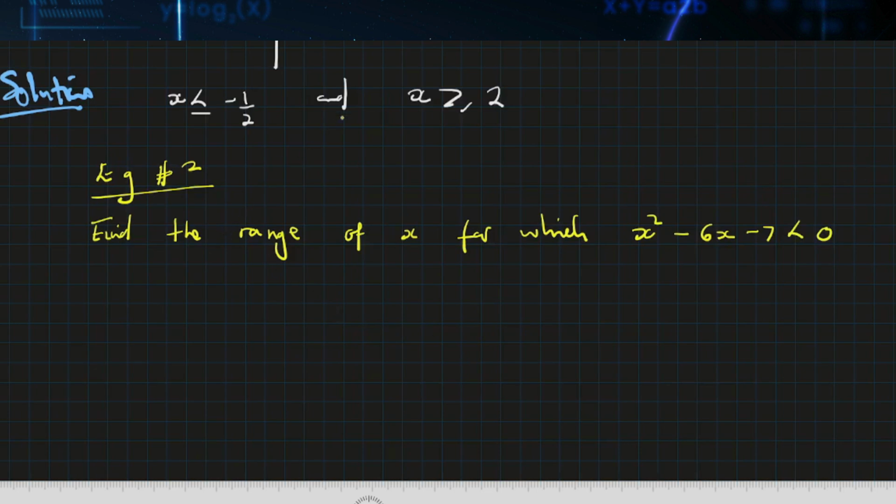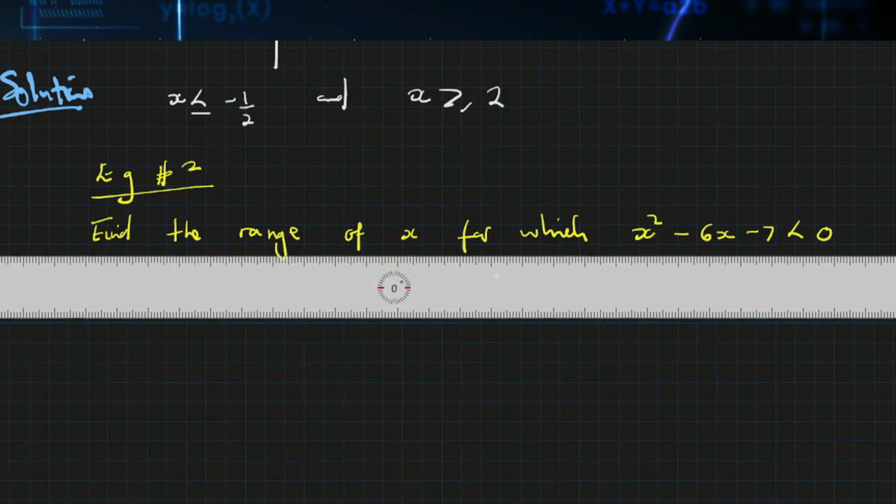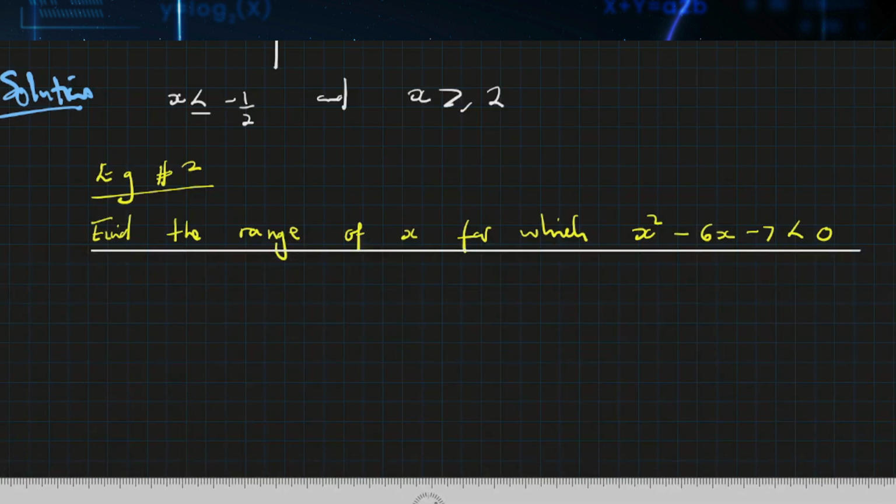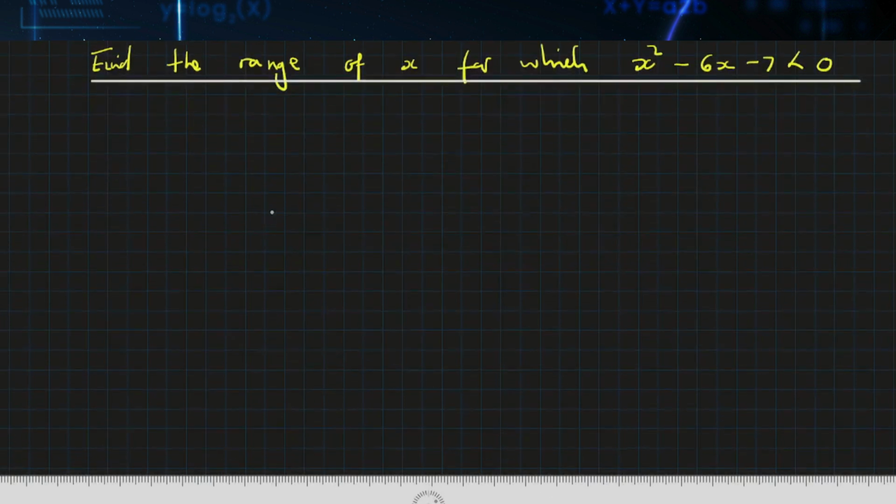The same way we have done with the first example is the same way we are going to solve this one as well. x² − 6x − 7 is less than 0.